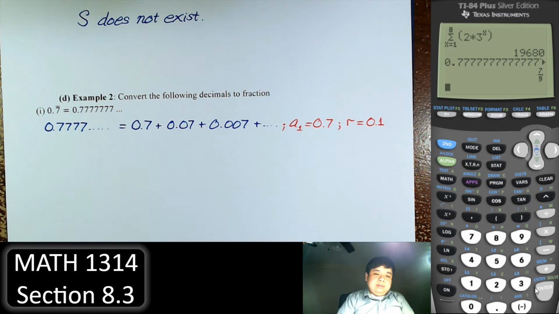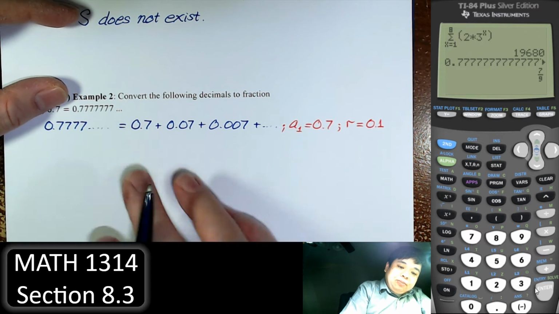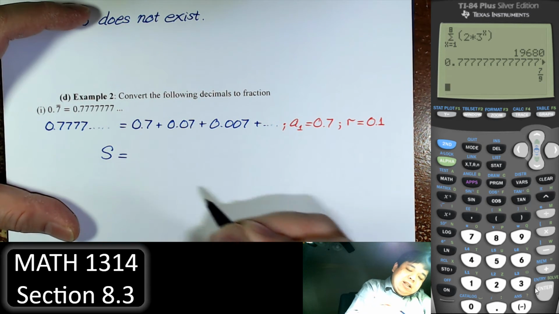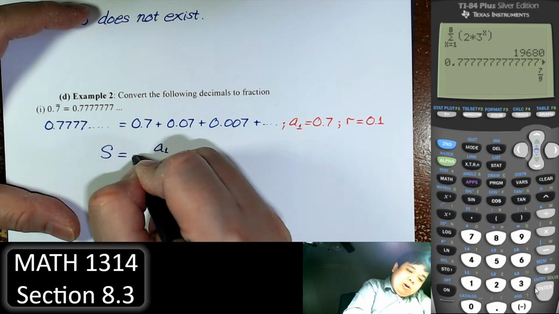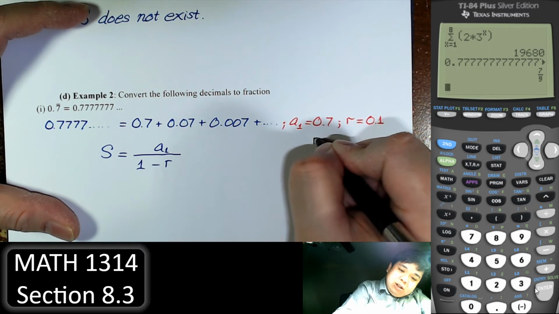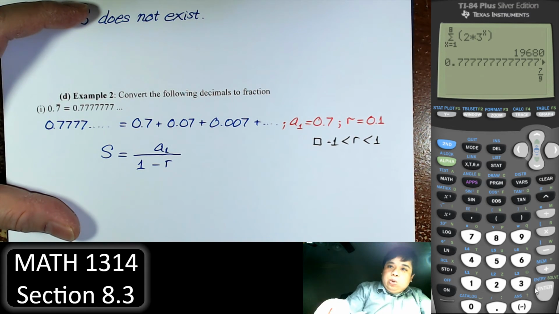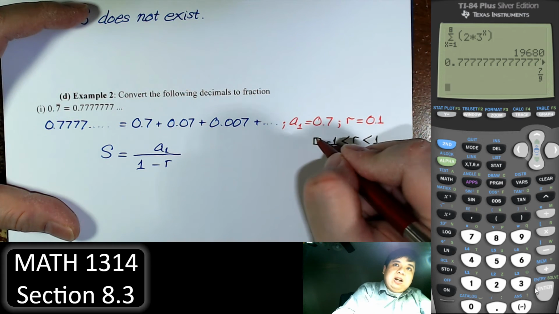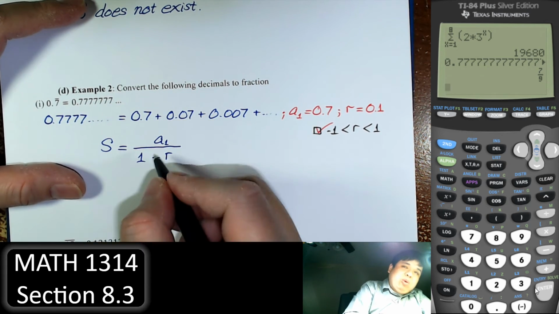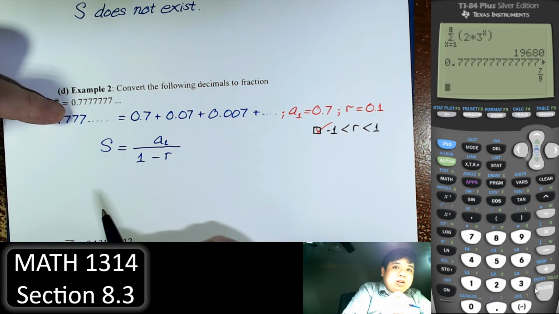Now, with that, we can see the sum is equal to a1 over 1 minus r. Of course, we should check to make sure the ratio is between -1 and 1. In this case, 0.1 certainly is, so we can use this formula. By the way, we know we can use this formula because the sum exists equal to that number.